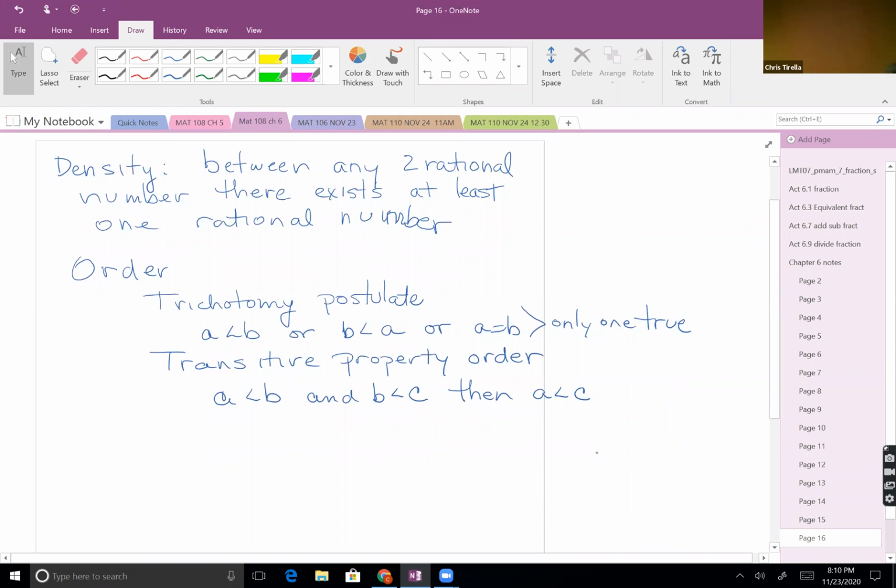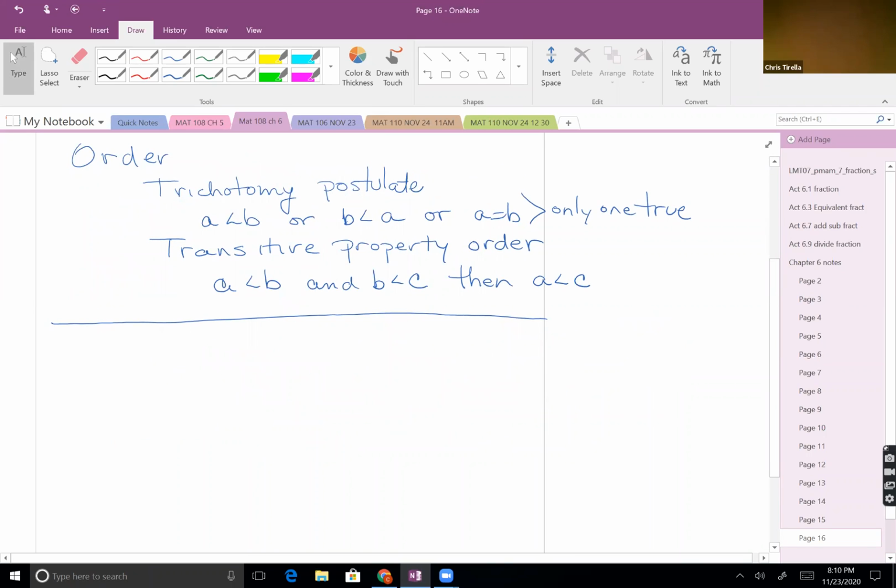All of your rules for algebra, all of your rules for even calculus can be traced back to these basic properties. So that takes us to the end of chapter 6.